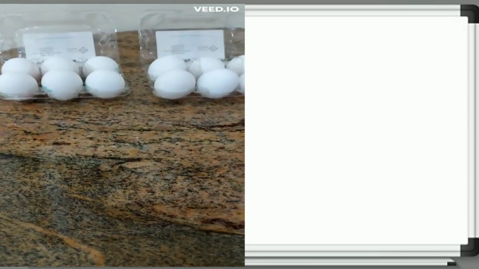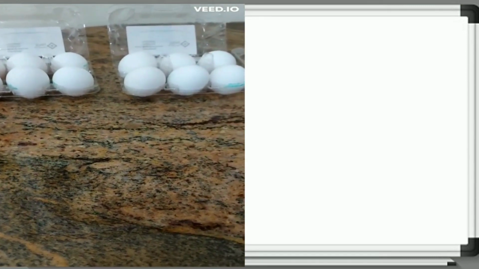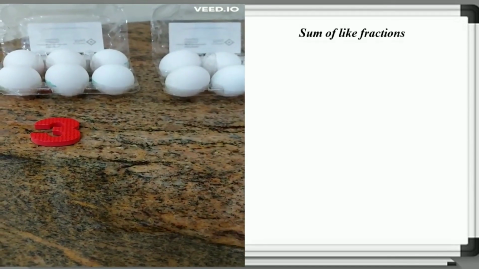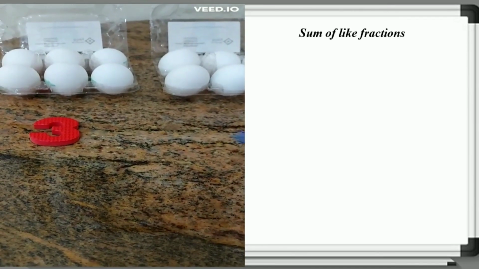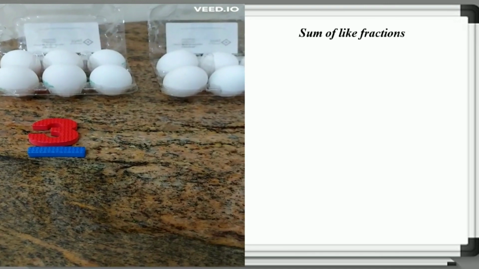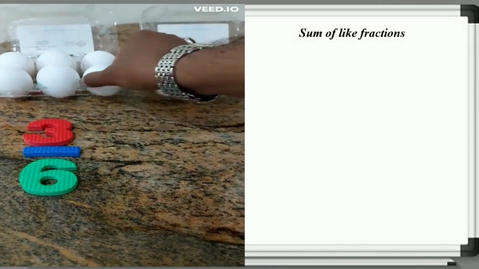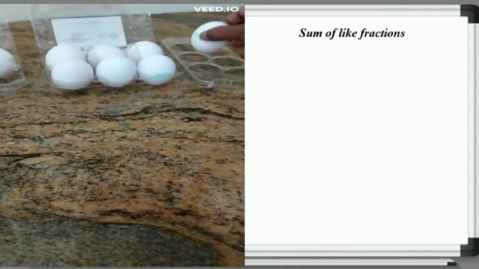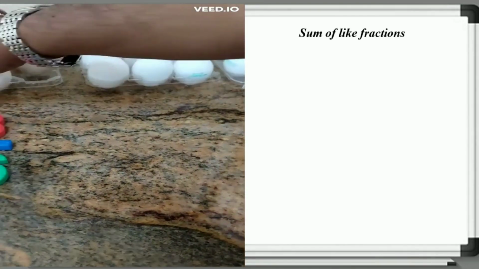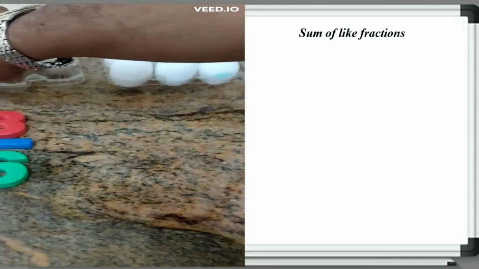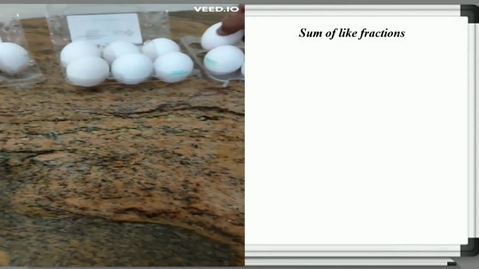You might be wondering why I am showing you the x's. I am going to show you with fractions. From here I take my first fraction, 3 over 6. Out of the 6 x's, I am going to take 3. I lift 1 and keep it here, lift the second and keep it here, and take the third one and keep it here.